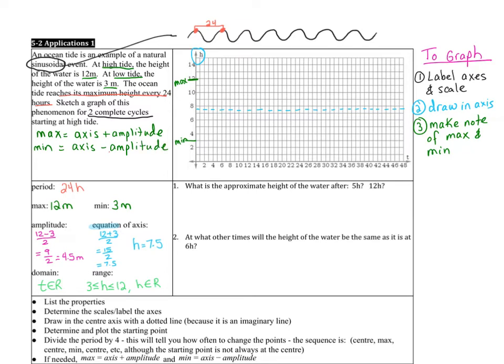There's lots of different ways that you can work this out. Sometimes you know the minimum and you know the amplitude, but you don't know the axis. So you could find that the axis is the minimum plus the amplitude, or you may know the maximum and then you could subtract the amplitude.